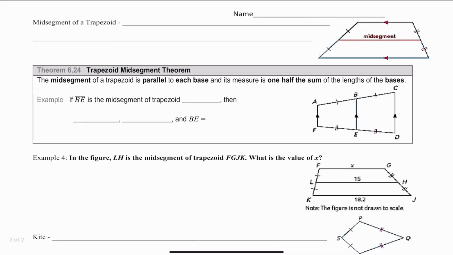Let's talk about the mid-segment of a trapezoid. The mid-segment of a trapezoid connects the midpoints of the legs of the trapezoid.